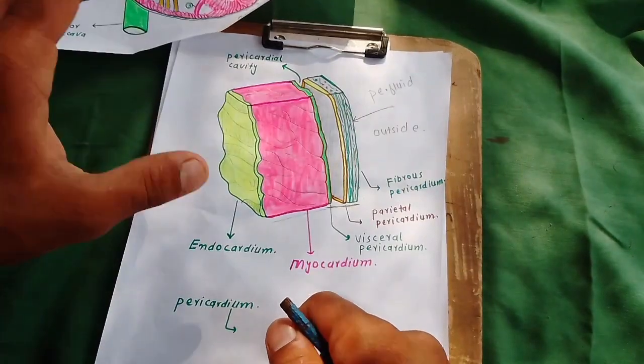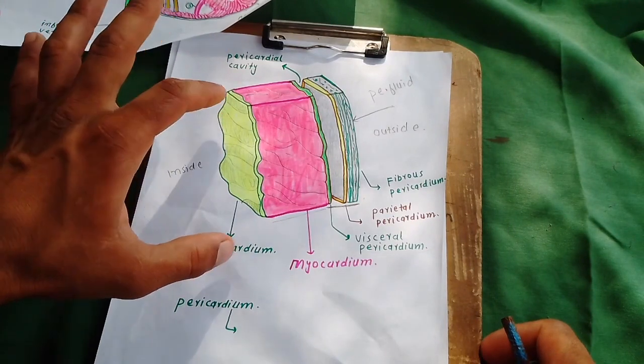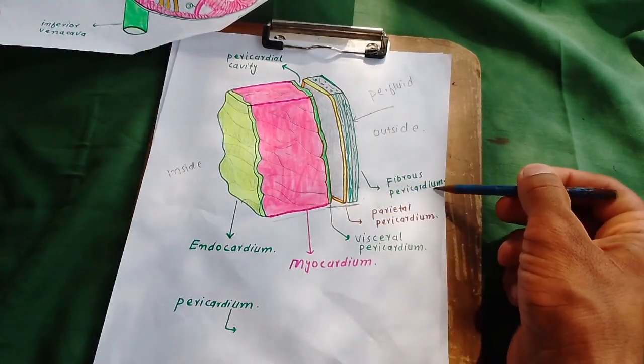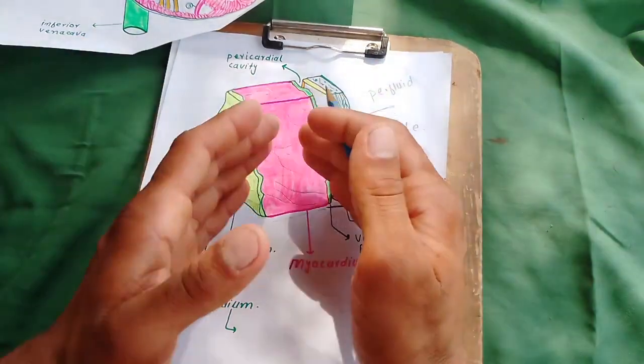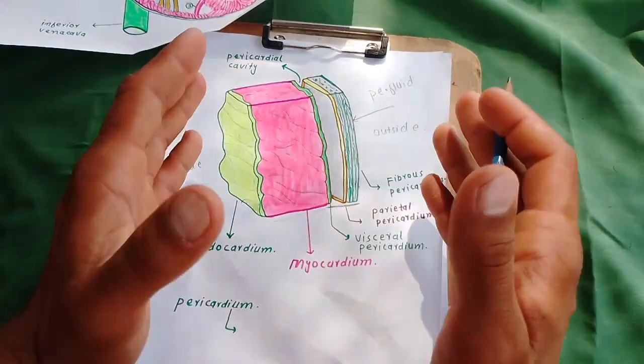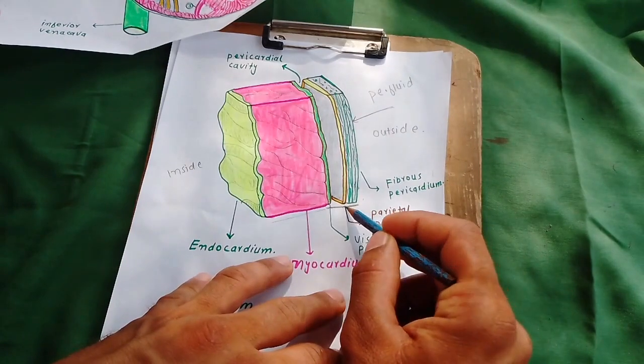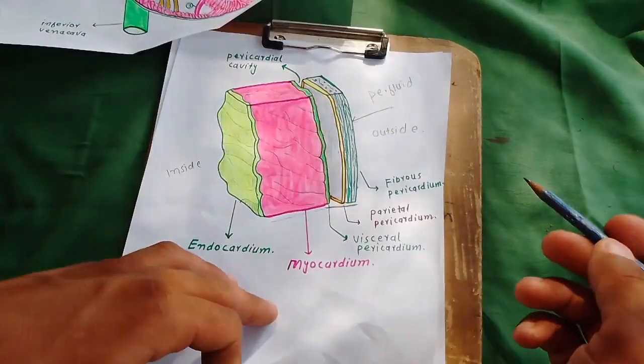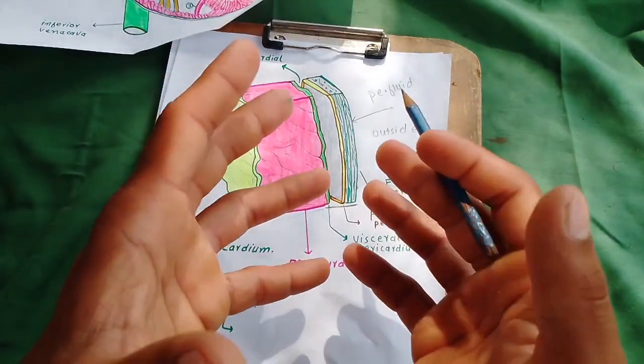So these are all the layers of the heart. The fibrous pericardium is a protective layer which prevents the heart from overextension during contraction and relaxation. The parietal pericardium and the visceral pericardium, collectively called the serous pericardium, help in the production of the pericardial fluid.